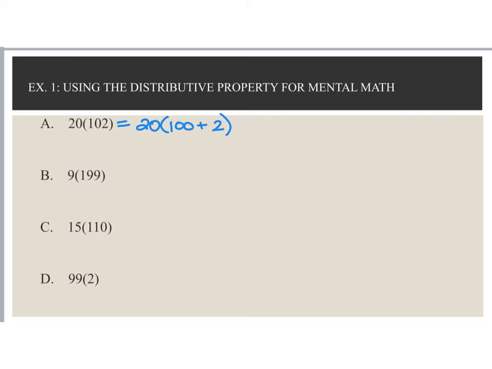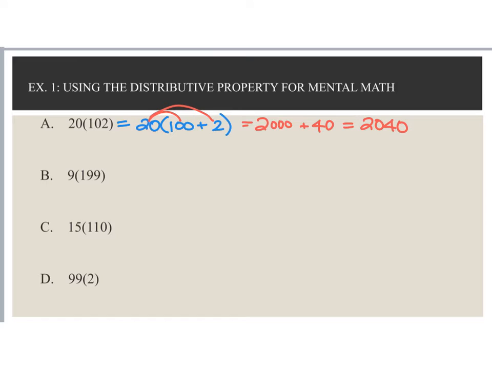Now the reason why I would want to do that is because if I do my distributive property in my head, I'm thinking that I have 20 times 100, which would give me 2,000. Then I could do 20 times 2, so I'm going to be adding this, which would be 40. So real quickly, I could figure out that that would be 2,040.